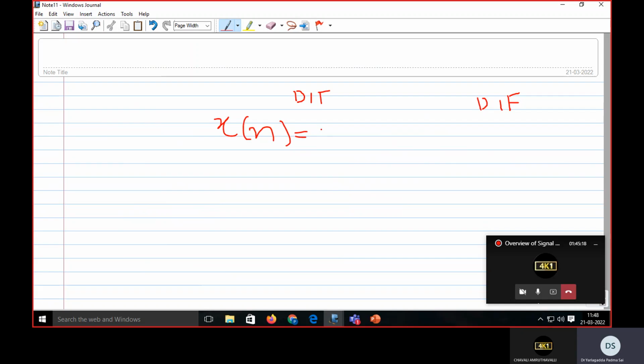Instead of computing the DFT at 8 points, we are dividing that into two sequences, even on one side, odd on the other side.